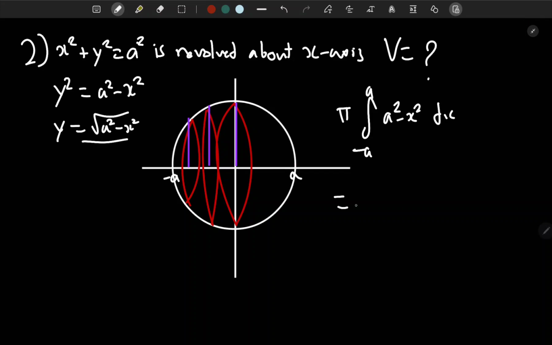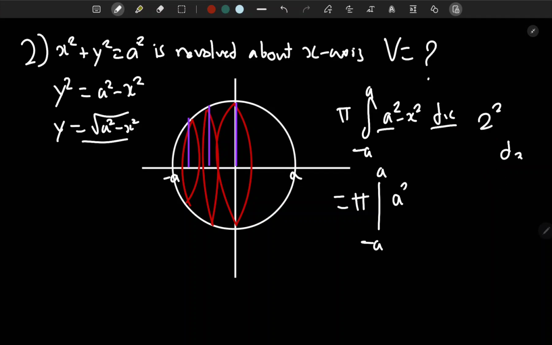Now just integrate this. So it's going to be pi, limit from minus a to a, and remember we are integrating in terms of x, so we will treat this a squared as a constant. It's like 2 squared, and you have 4, so if you're integrating 4 it's going to be 4x, right? So the same thing over here.